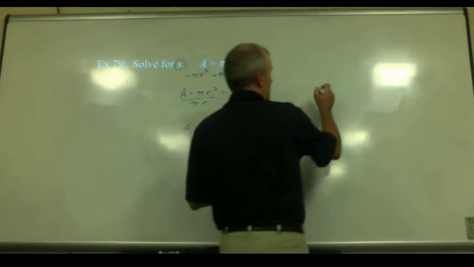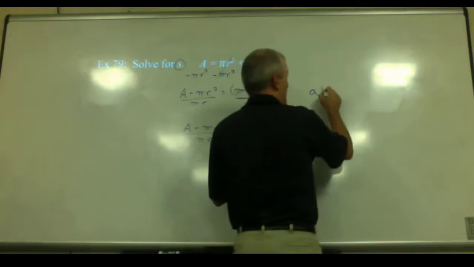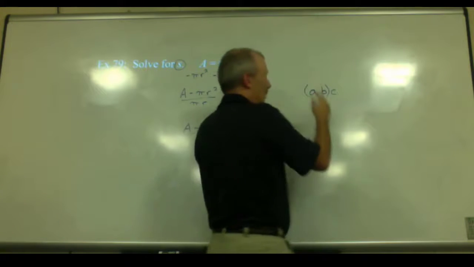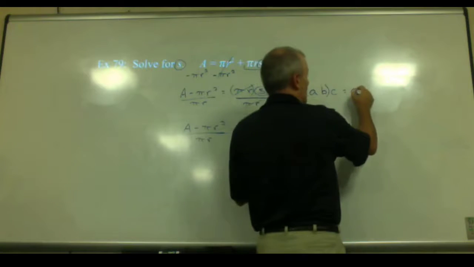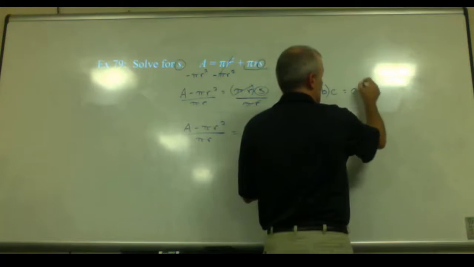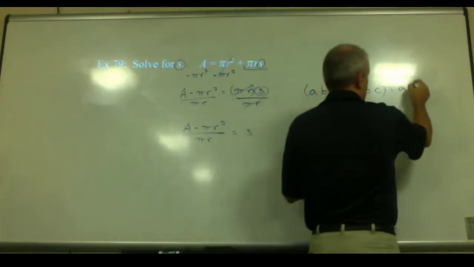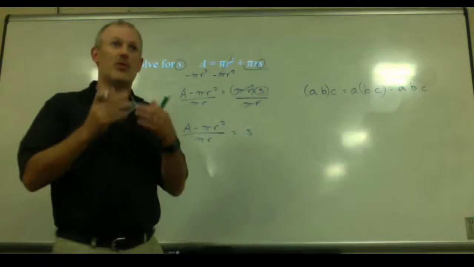I'll use letters so we can remember what it said. If we have a times b times c, we can group it as a times b and then times c, or as a times b times c this way, or just look at it as a times b times c. Those are all the same thing. It doesn't matter how you group when you multiply.